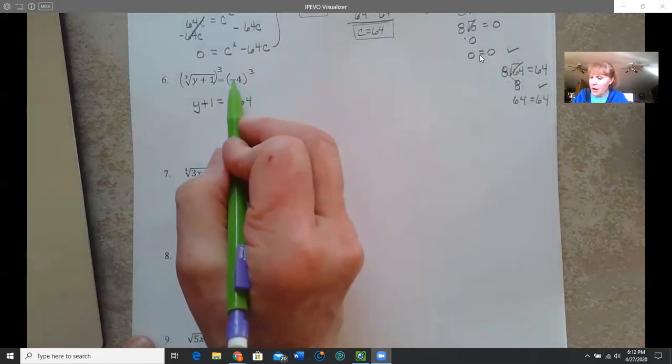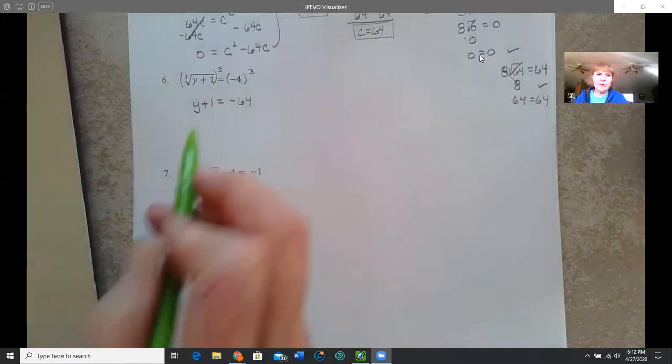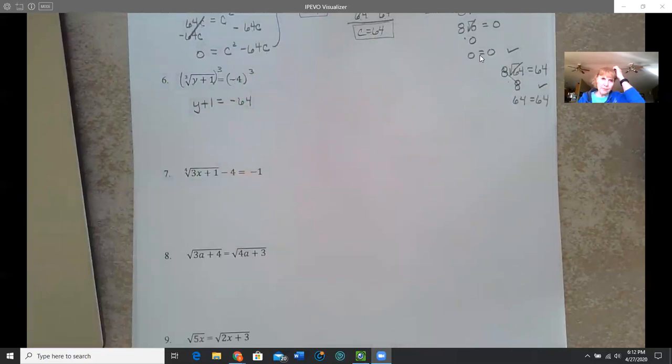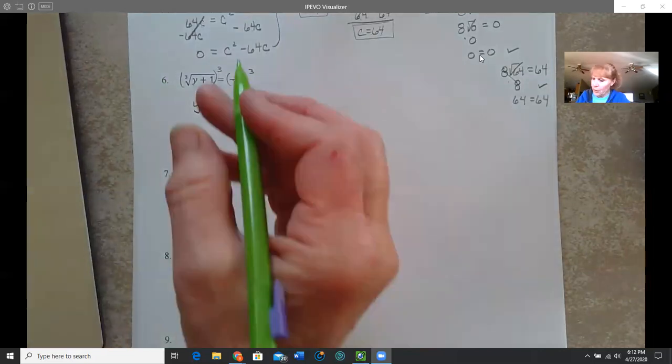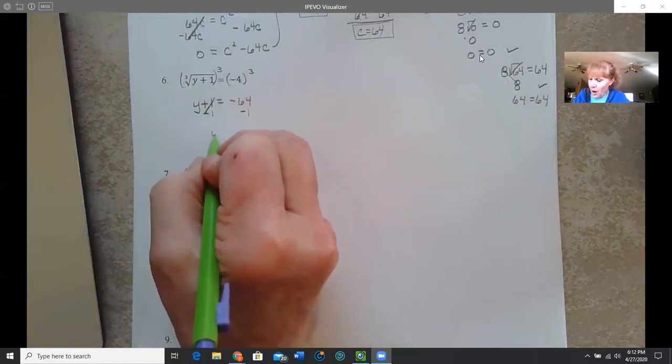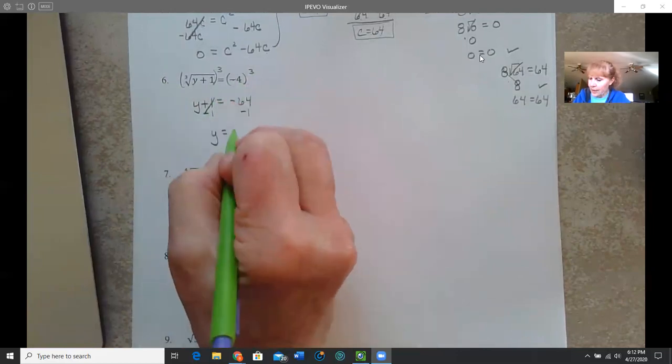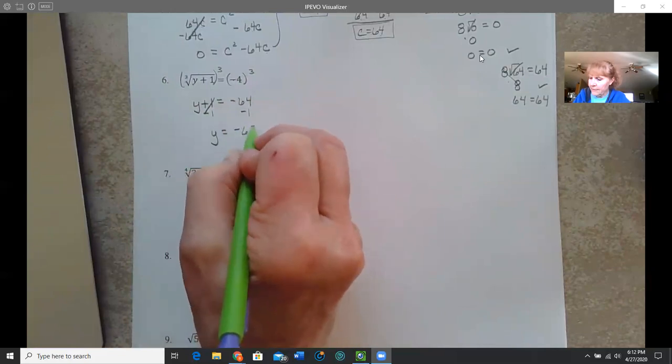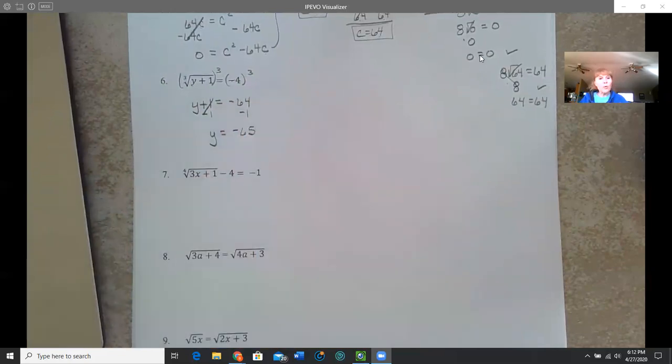When you have an odd power, the negative stays. Now we subtract 1. y is equal to -65. Well, we're going to check it.